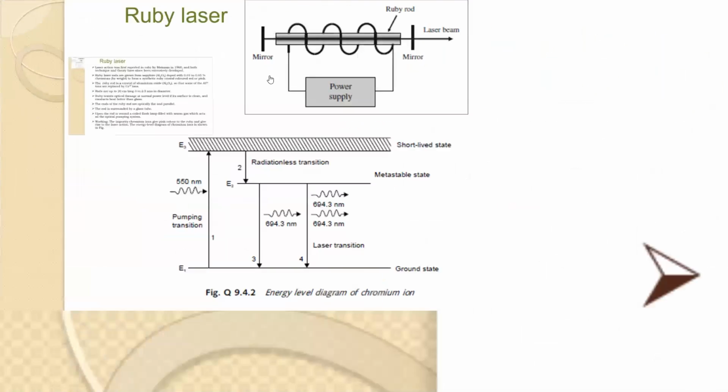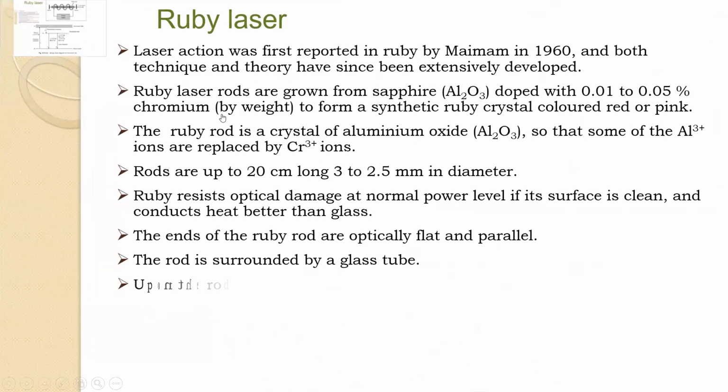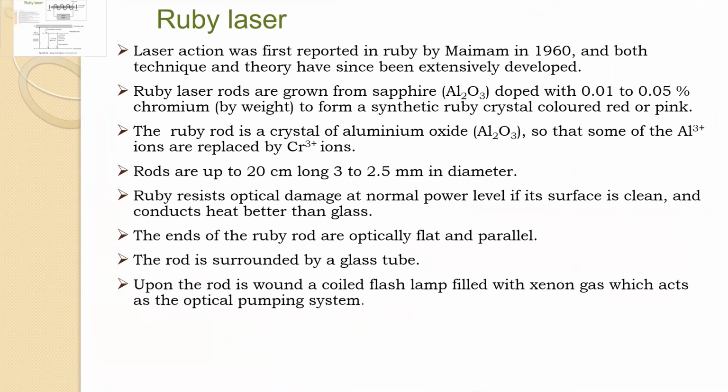Look at the figure. Around the rod is wound a coiled flash lamp filled with xenon gas.